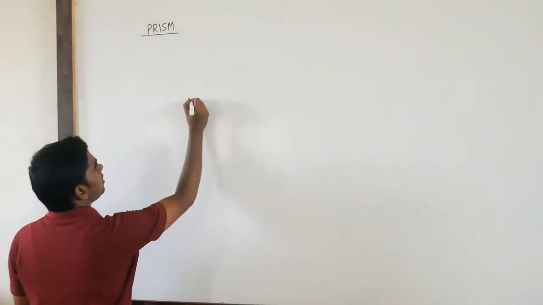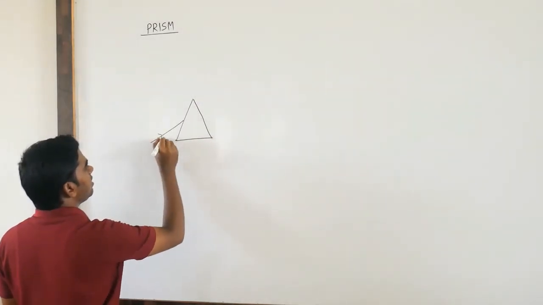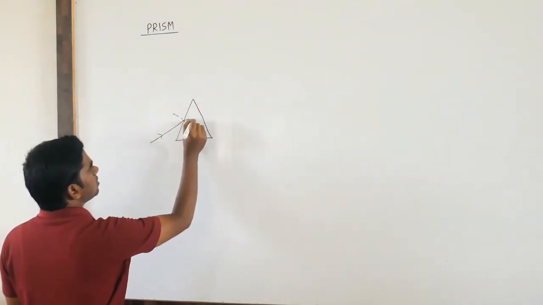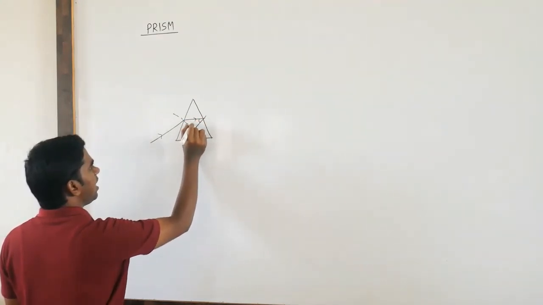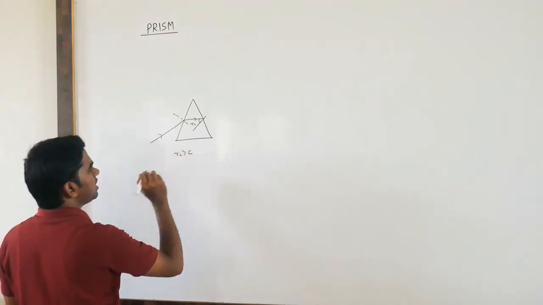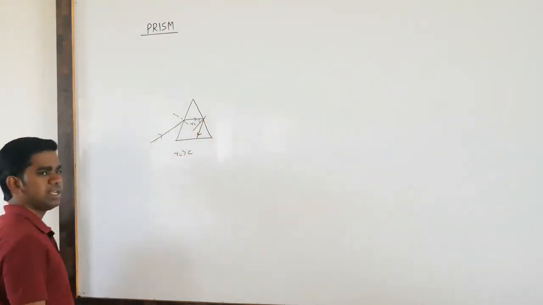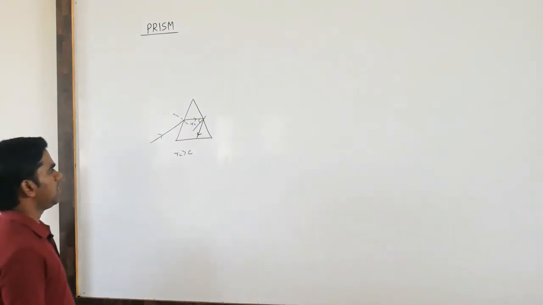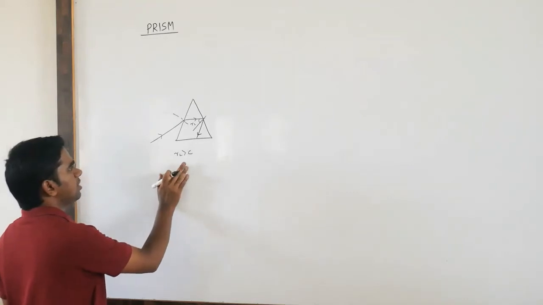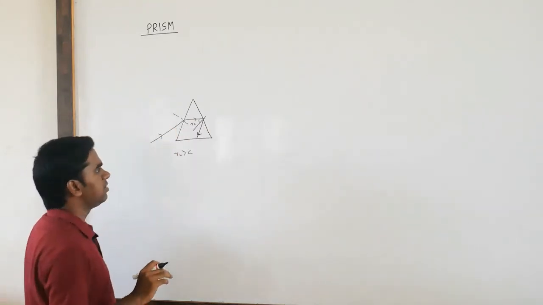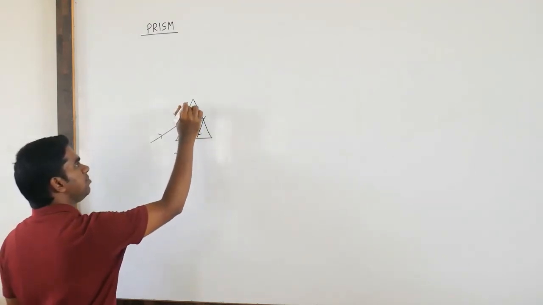So in the prism, when a ray of light is incident, suppose when it comes here, suppose this R2 is greater than the critical angle. There is a chance of the ray undergoing total internal reflection. But what I want is, can we put a condition that the ray should not come outside by changing not the angle of incident, but by changing the angle of the prism?